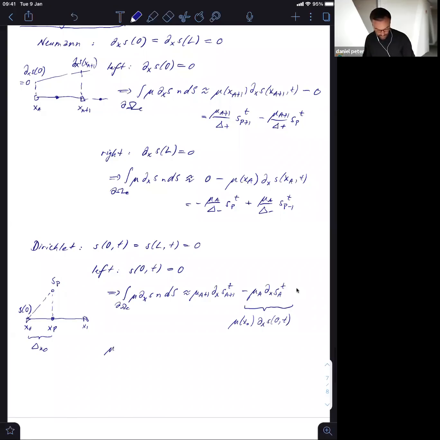So then this term here is going to be approximated by mu at x0. And then we have s at xp minus s at x0 divided by the distance between these 2 points.